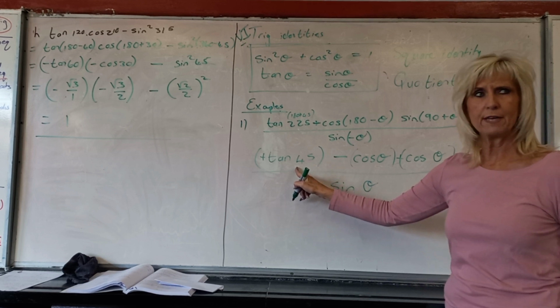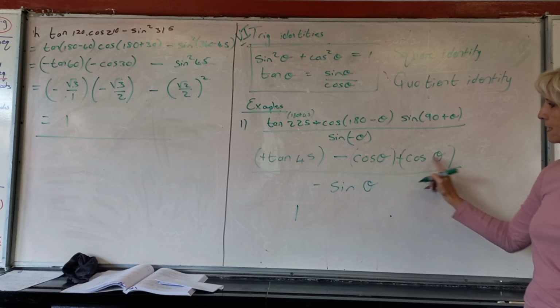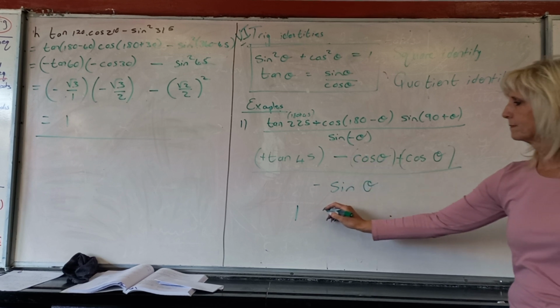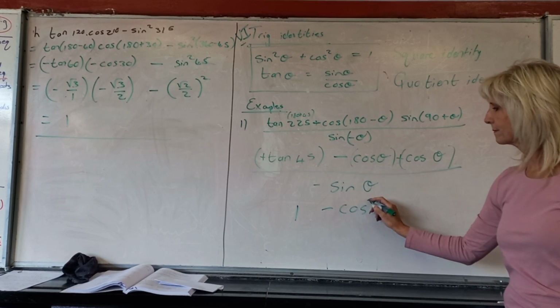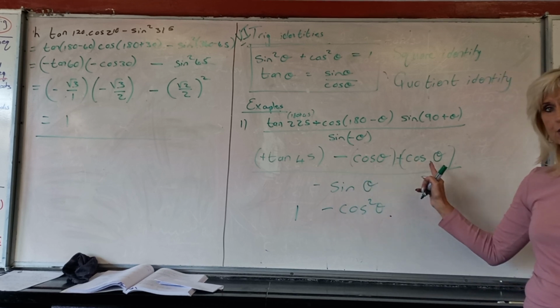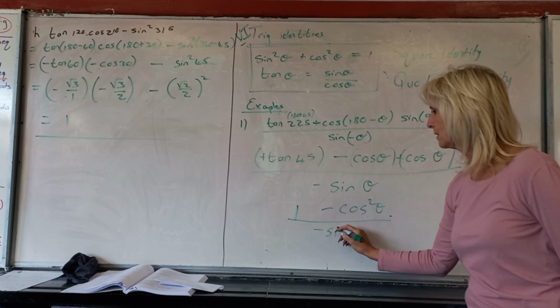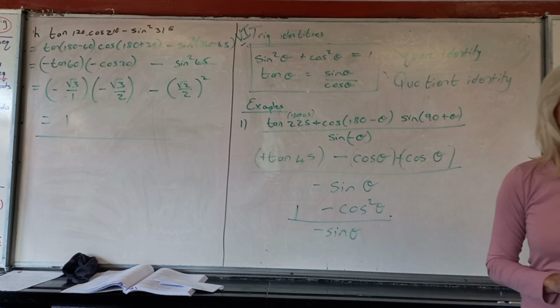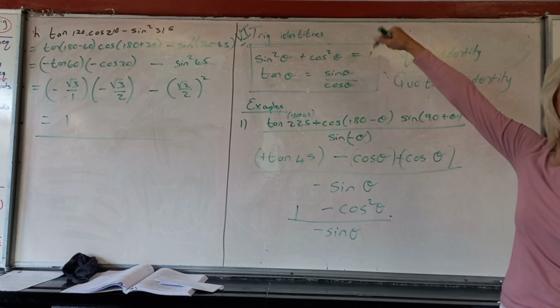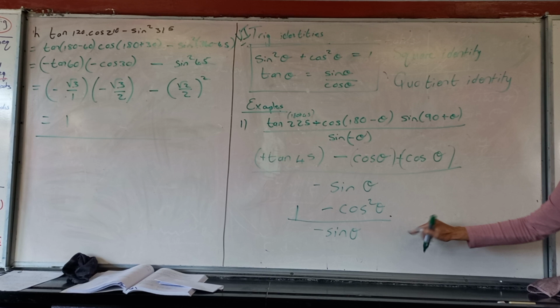Tan 45 is 1. If I multiply this, what's going to become of it? Agree with me? It's multiplication, so it's cos squared. At the bottom we have minus sin. I can't do anything to that. So here's the point I was going to make. Unless you knew these reasons, you don't know that 1 minus cos squared can be substituted with what?